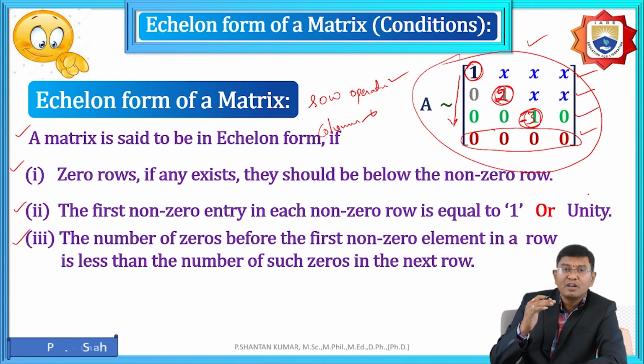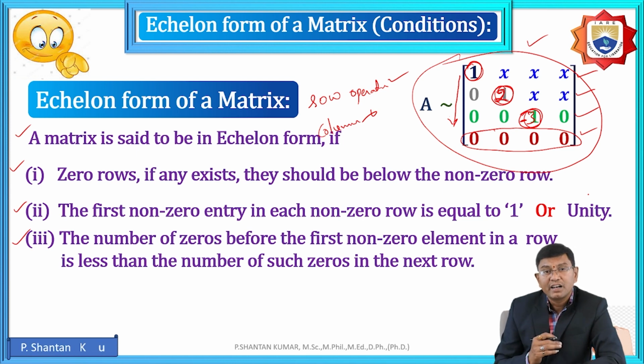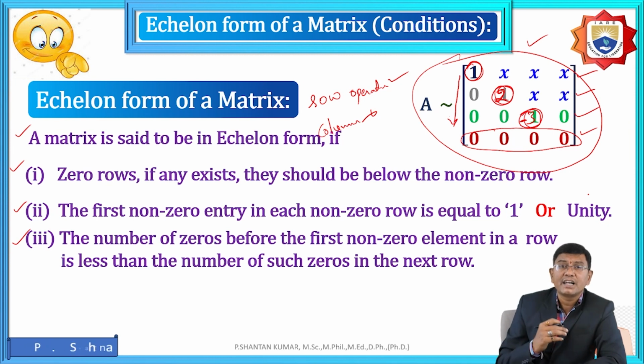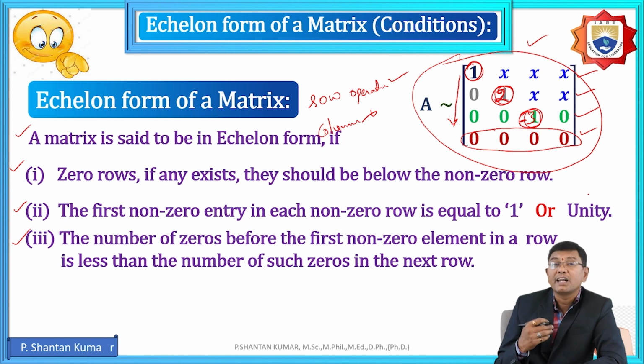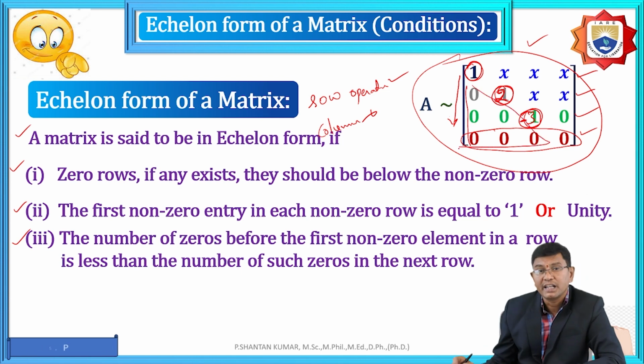Three: comparing one row to another, the number of zeros before the non-zero number increases from top to bottom and decreases from bottom to top. These three conditions are required to be satisfied. Then only the matrix is said to be in echelon form, and indirectly it is also an upper triangular matrix. That we need to understand.